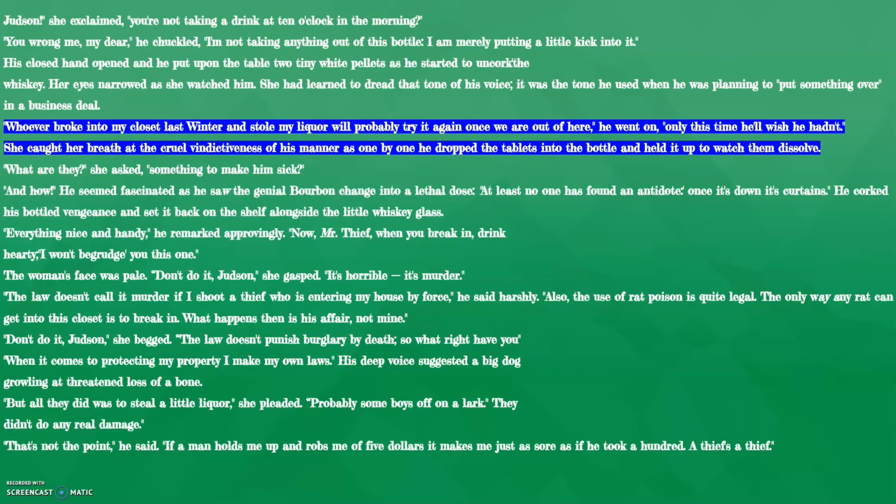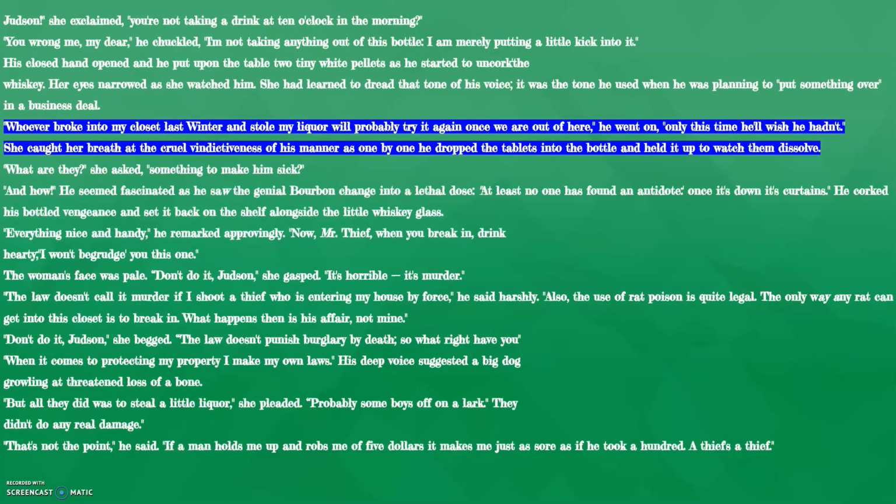It was the tone he used when he was planning to put something over in a business deal. "Whoever broke into my closet last winter and stole my liquor will probably try it again once we are out of here," he went on. "Only this time he'll wish he had it." She caught her breath at the cruel vindictiveness of his manner as one by one he dropped the tablets of the bottle and held it up to watch them dissolve.